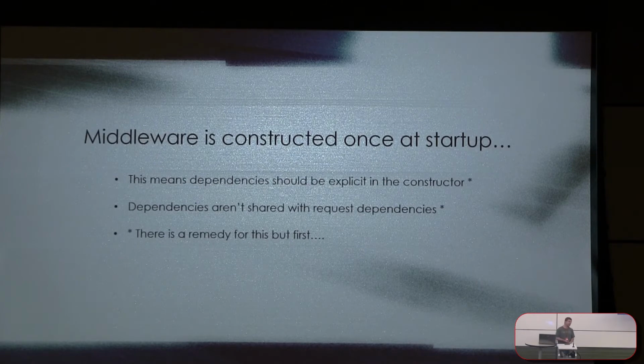This can be a little bit of an issue because if you have a service that you want injected into your middleware that needs to be a scoped dependency and you need it to be the same as what is on the request, you're not going to be able to do that easily because by default it is going to resolve it off the application services.